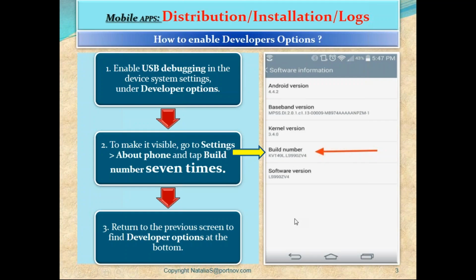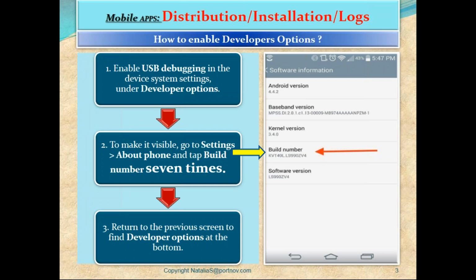So you have this slide. Did you enable developers options? You don't need to connect your device to the computer or anything, but if you are doing this for the first time, that's perfect, absolutely perfect.